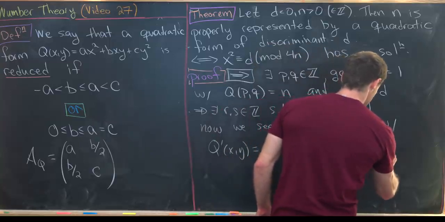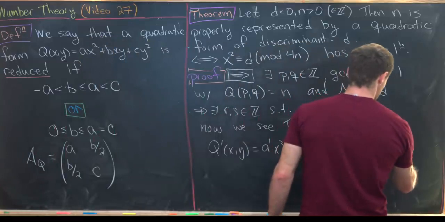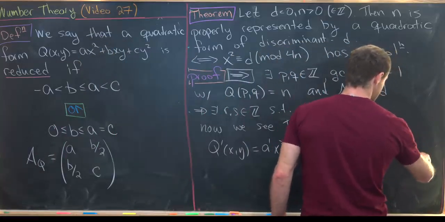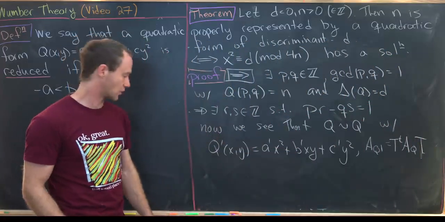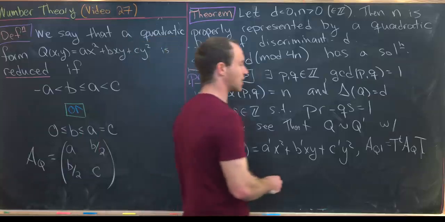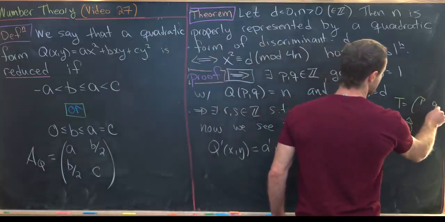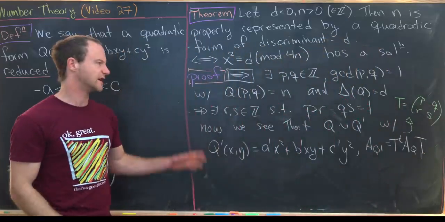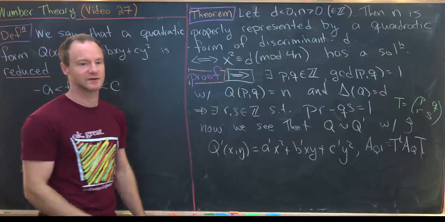And A_Q prime, in other words, the matrix associated with this quadratic form, is equal to T transpose A_Q T, where A_Q is the matrix corresponding to this original quadratic form, where we are carrying the notation T equals (p q; r s), like that.